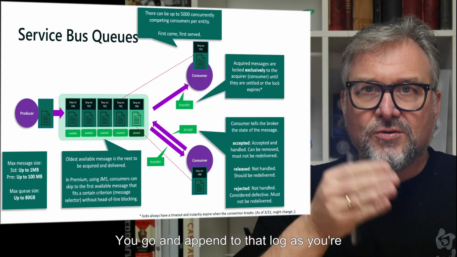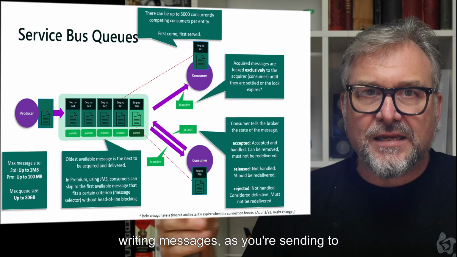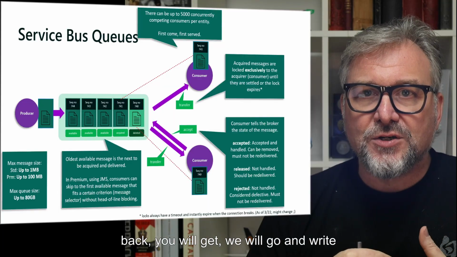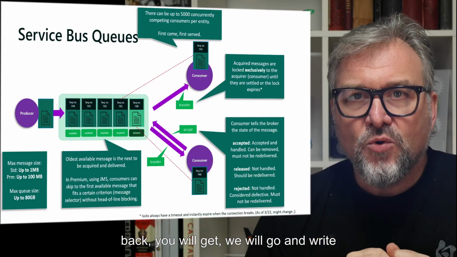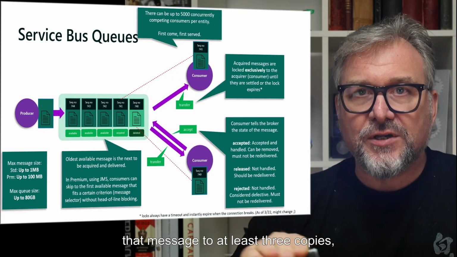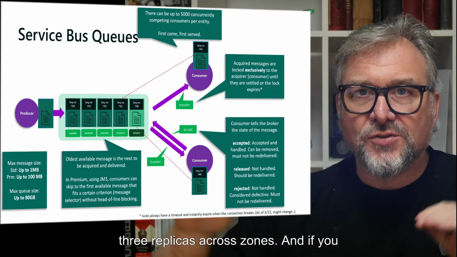Generally, a Service Bus queue is a log. You append to that log as you're writing messages, as you're sending them. We make sure that if you send a message, before we acknowledge that message back to you, we write that message to at least 3 replicas across zones.